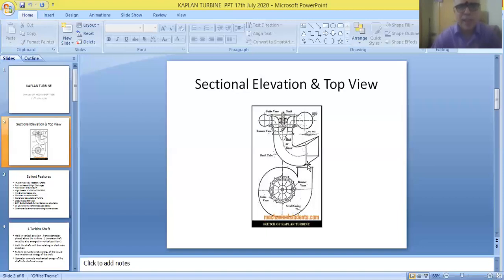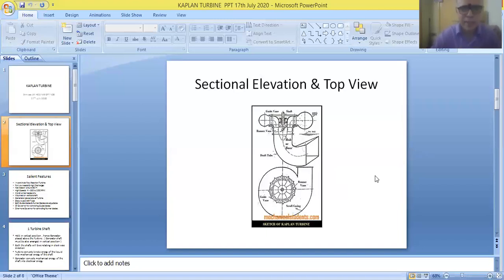So this way it can be used for destroying the negative pressure of the liquid that is available at the outlet of the runner. So friends, this draft tube initially will be receiving the water that is coming out of the runner, and secondly it will be destroying the negative pressure of water. So it will be increasing the pressure energy of water, and finally it will be discharging the entire quantity of water onto the tail race reservoir.